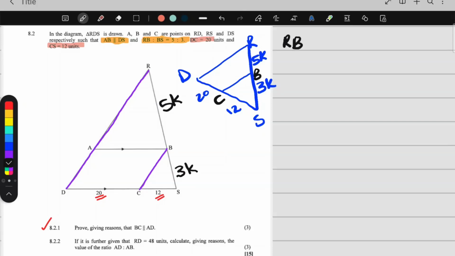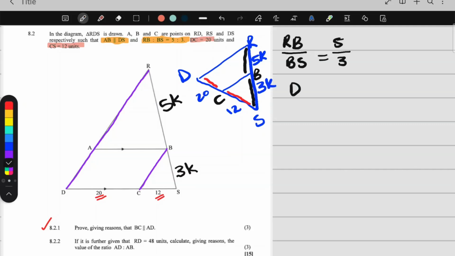Let's work out what is RB over BS. So RB over BS is 5 over 3. That was given. Then I'm going to work out, so remember, I now said this over that. So what I do on the right, I must check on the left. So I'm going to check, what is this over that? So let's write it down.